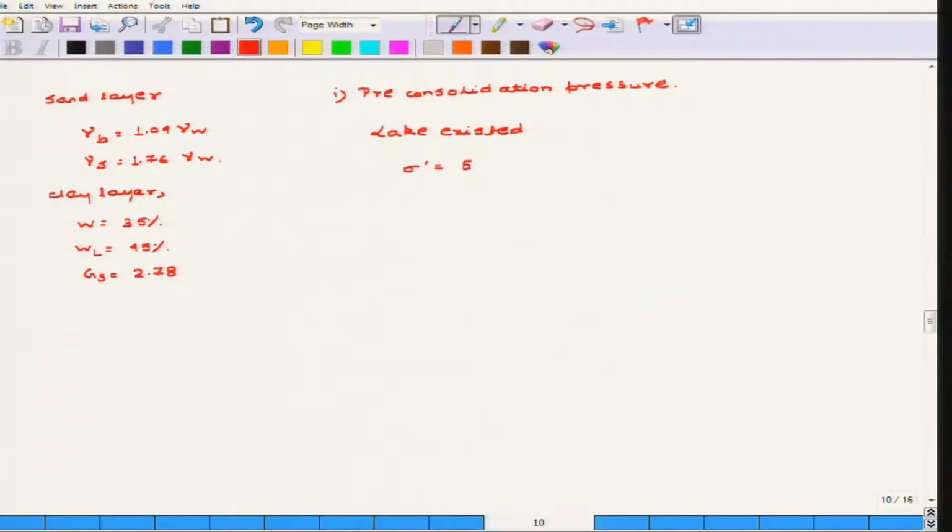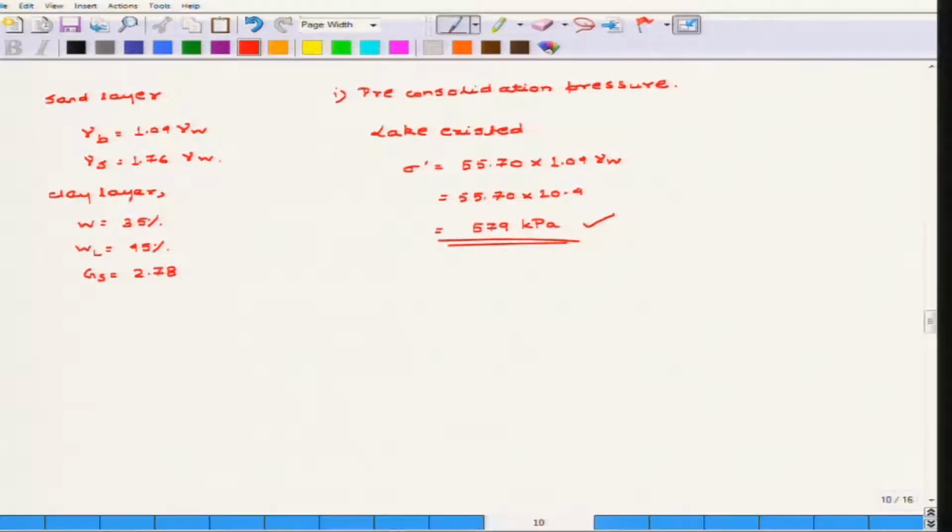So 55.70 multiplied by 1.04 gamma W. That means 55.70 into 10.4, because the unit weight of water is 10. So this comes out to be 579 kPa. This is the time when the lake existed. Now, when the lake got removed, the overburden pressure was released. So obviously, this is the largest stress that was experienced in the history. That is why this is the pre-consolidation pressure.